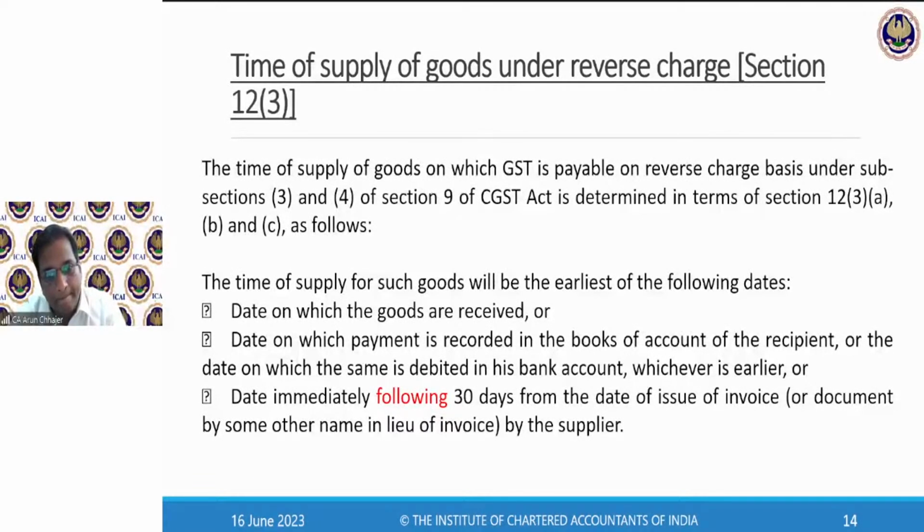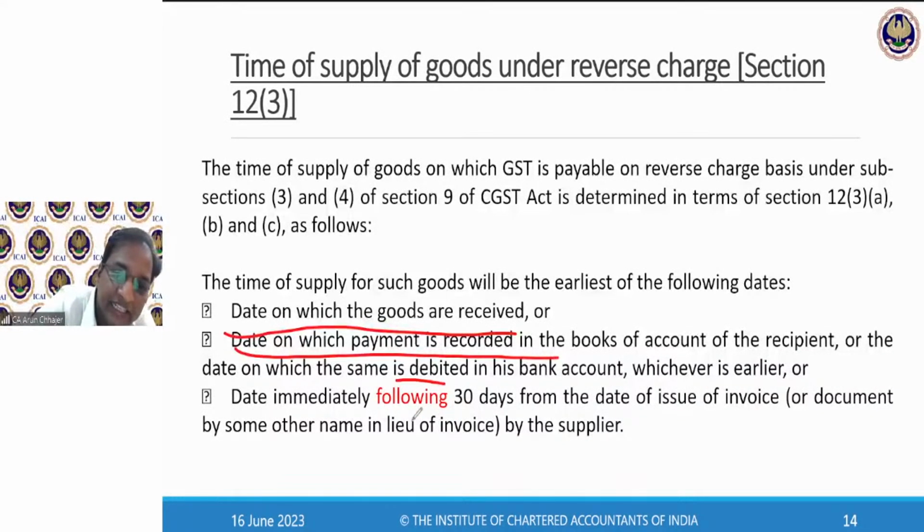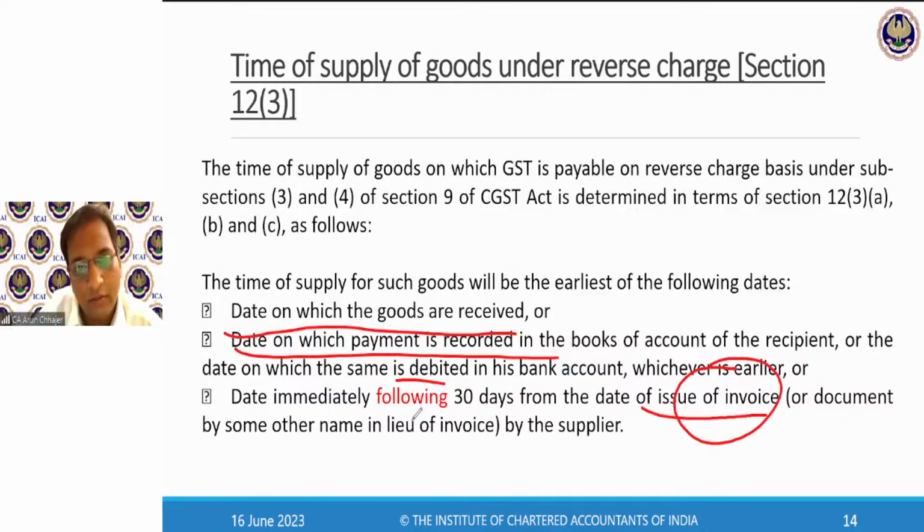Now the first is the date on which the goods are received, the date on which the payment is recorded, and the date immediately following 30 days. Can you please confirm, immediately following 30 days of what? From the date of issue of invoice. Invoice issued by the supplier or by the recipient?